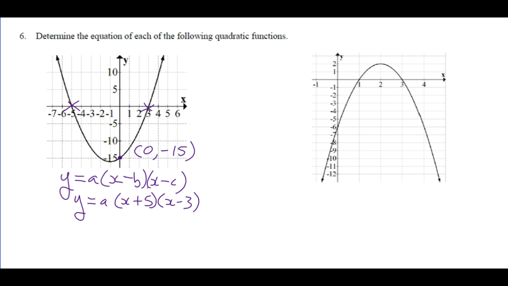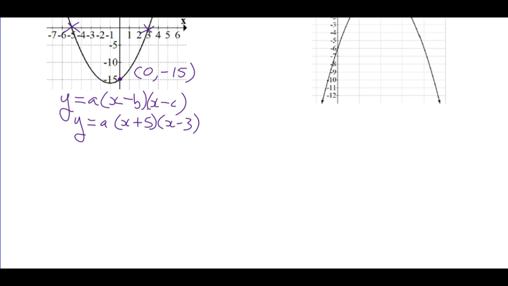I'm writing a general factored form because I know the zeros, the x-intercepts. I can plug the x-intercepts in here, and now I take a point that's on the graph, and I know that when x is 0, y is negative 15.